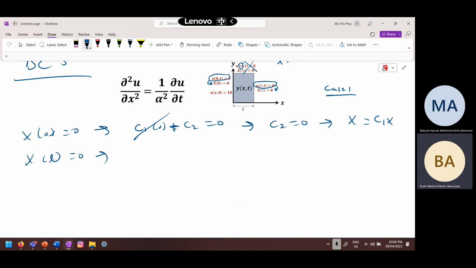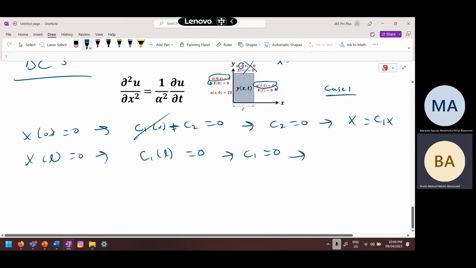Now substitute here, you get c1 L equals 0. L is not equal to 0. Remember that, okay? L is the length or the width, and it cannot be equal to 0. In this case, C1 is equal to 0. Rejected, because both of our constants are equal to 0, hence the solution is equal to 0. Again, this means that our solution is rejected.